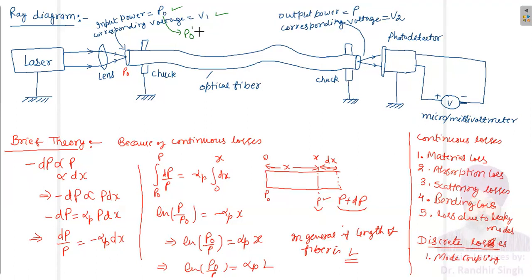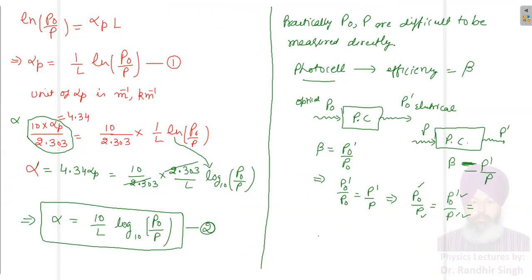Therefore P0 dash will be related to V1, and the formula for electrical power, we already know, is very simple: P0 dash will be equal to V1 square upon R, where R is the resistance of the circuit.